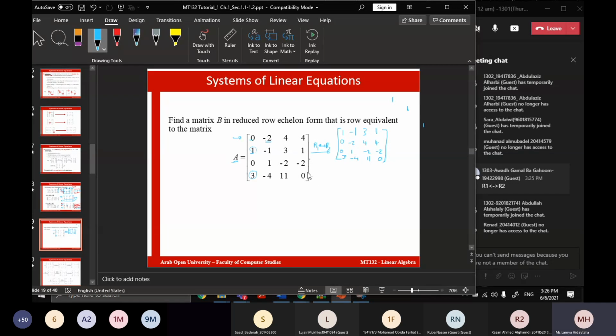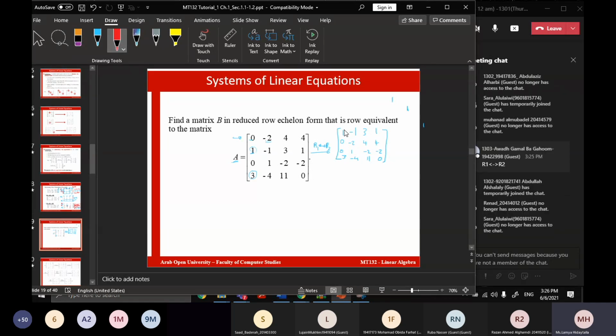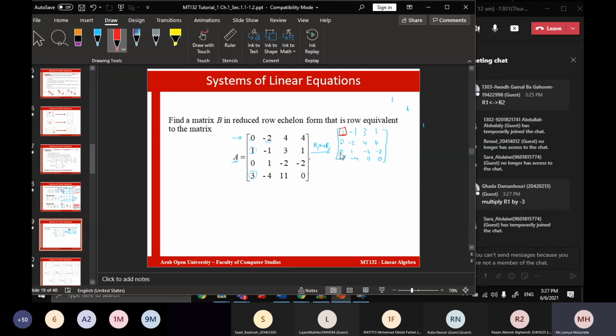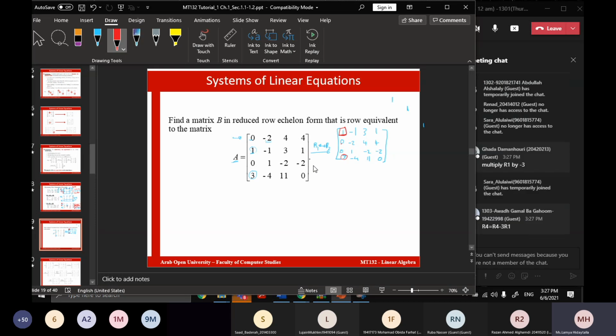Okay, so where is my leading one? This is my leading one for the first row now. All the others should be zeros. So this is 0, this is 0, but this is 3. I need to change what? R4. How, Doctor? I'll change R?